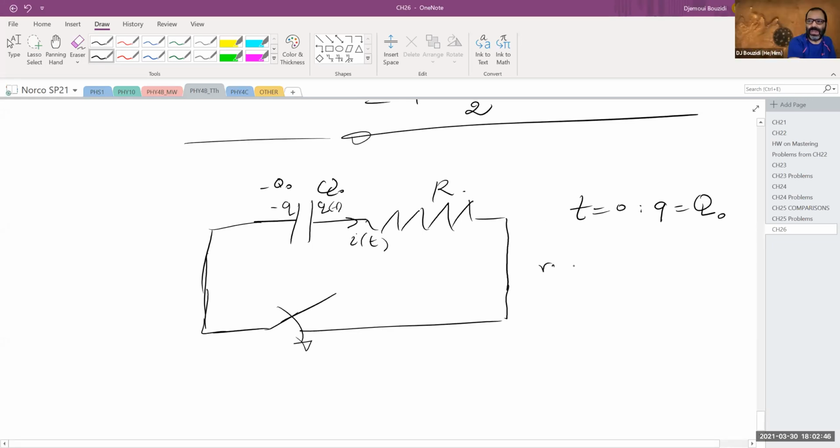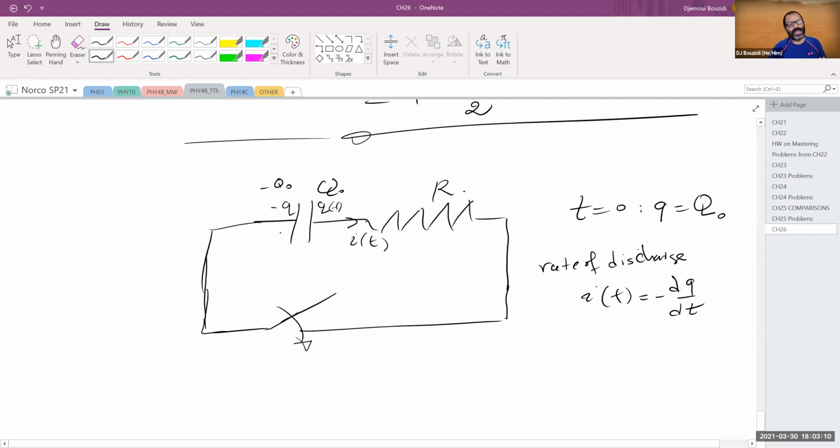So the current is expected to be negative dQ over dt because Q is going down. Once you close the switch, positive charges will move to the negative and they cancel each other.